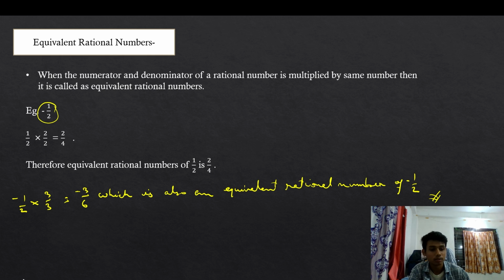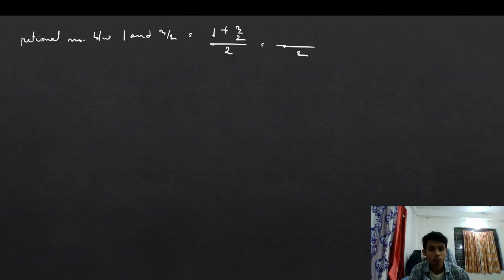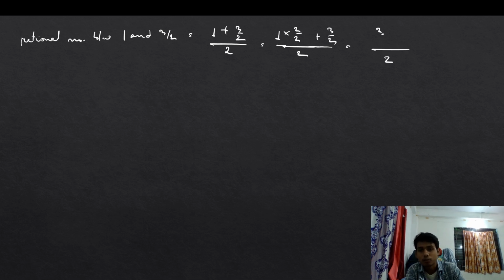Now we can transform this 1 into a fraction by multiplying 2 on both numerator and denominator. That becomes 2 by 2 plus 3 by 2.